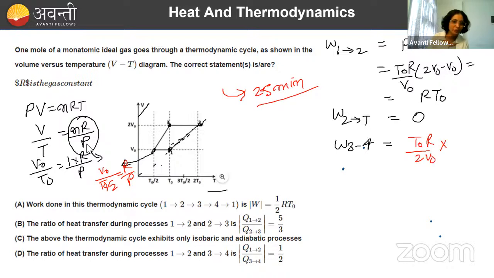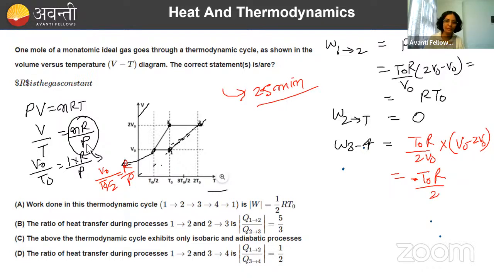Now pressure into volume change. From 3 to 4 it is a case of compression, 2 V naught to V naught. Final volume is V naught, initial volume is 2 V naught. So the answer is T naught R by 2 with a negative sign.